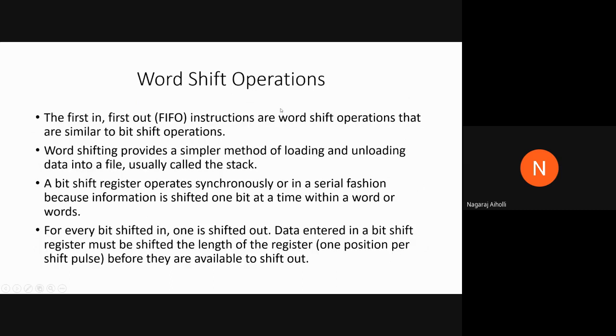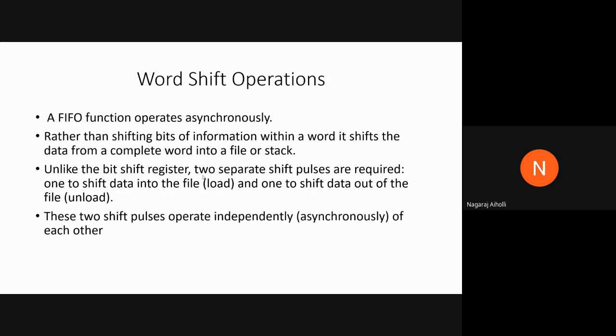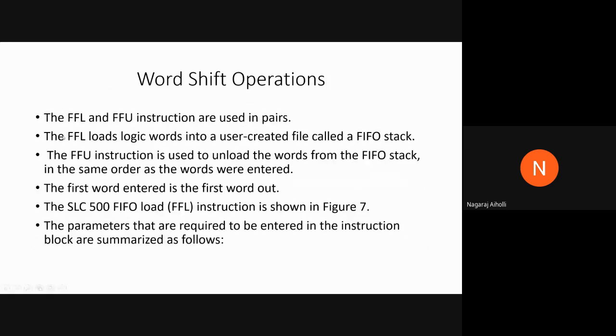Then word shift operations. As compared to bit shift operations, the word shift operations are meant to shift the word by word. Here we have particularly discussed in detail the FIFO instructions, first in first out instructions, wherein the first data which is moved inside the file is removed first, or unloaded first, first in first out. Then FFL and FFU.